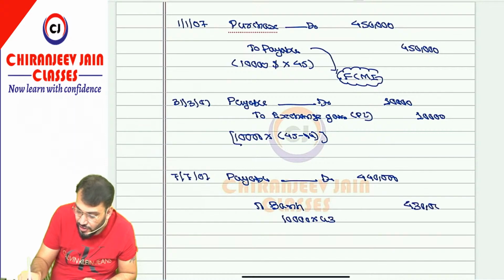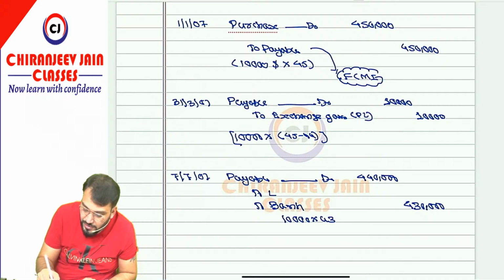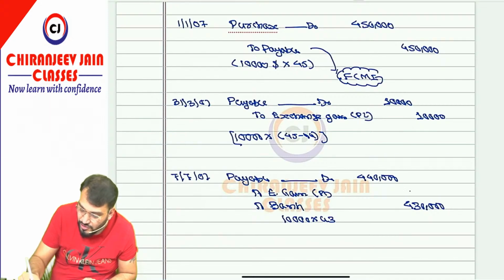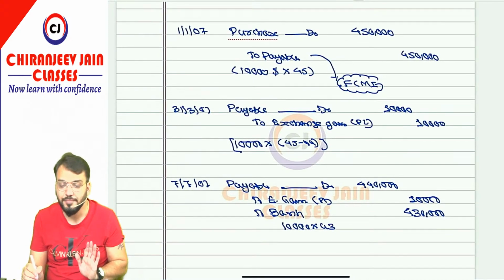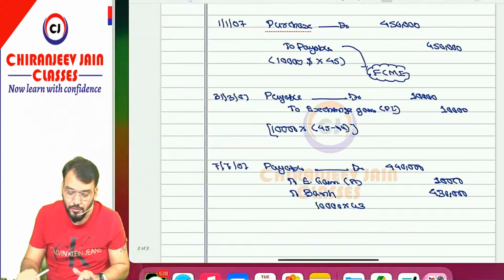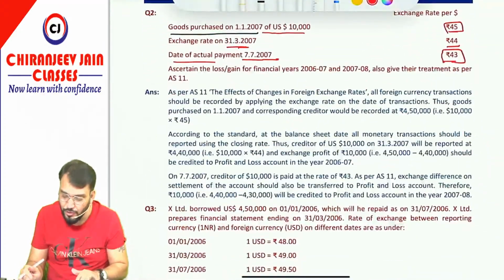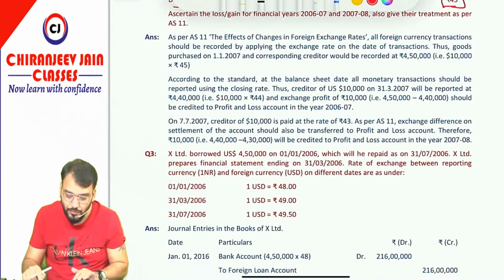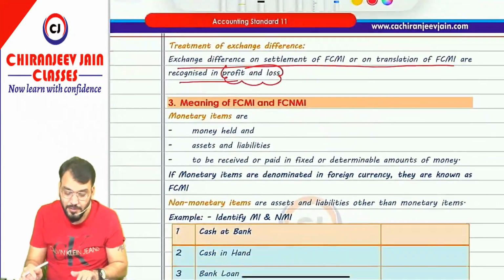Again there is an exchange gain, and this exchange gain will be transferred to profit and loss account. How much exchange gain? Again the exchange gain is rupees 10,000. Got this point? Have you understood? So this will be the journal entry. I hope you have understood this point. Any doubt? No doubt? Yes sir.